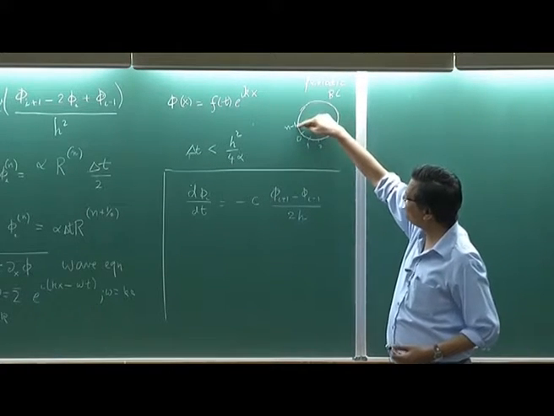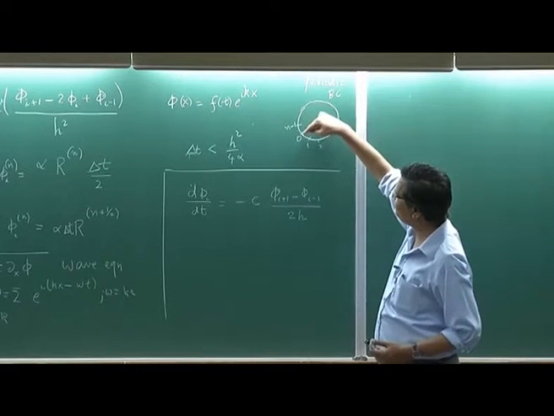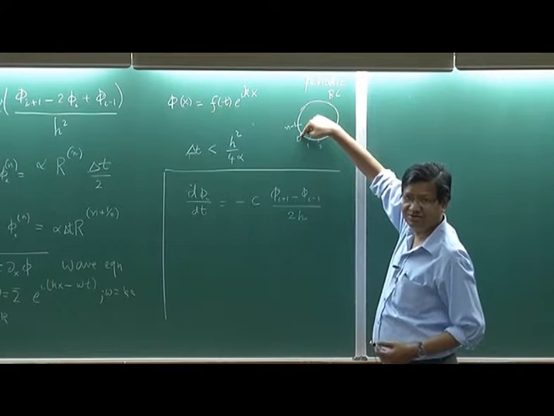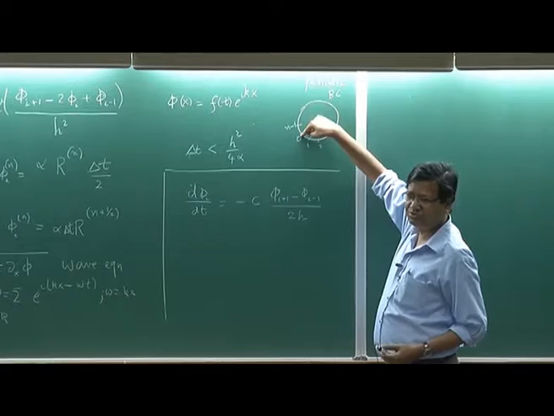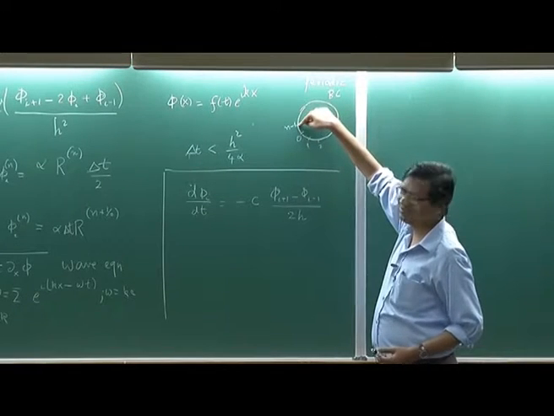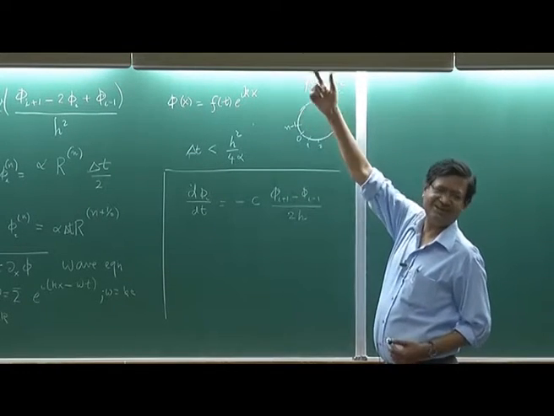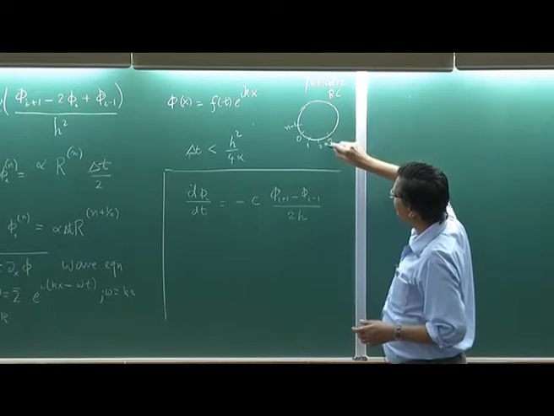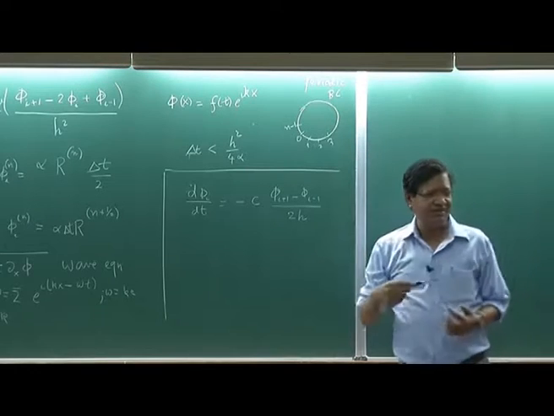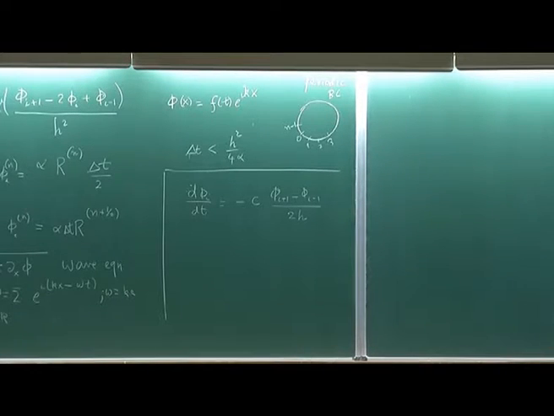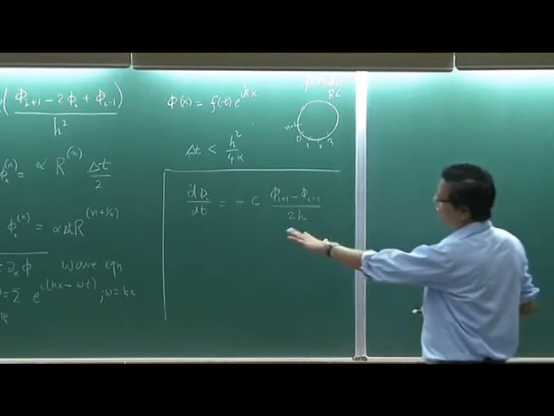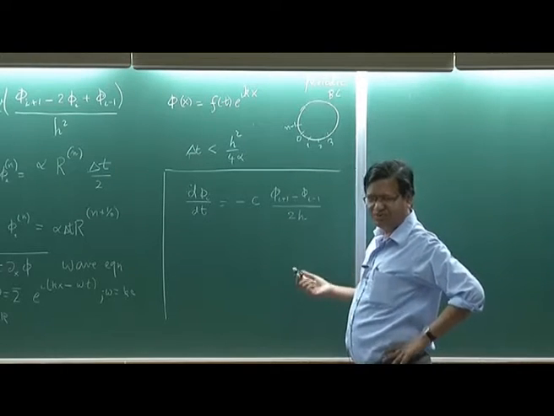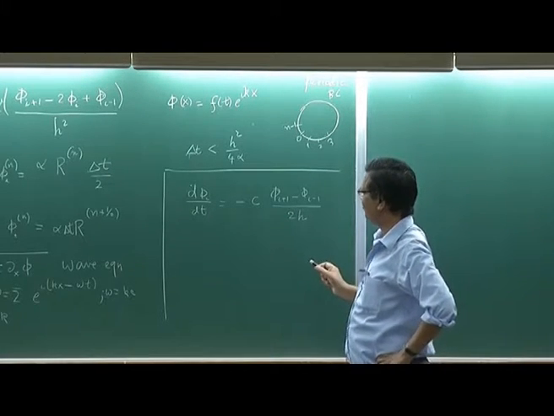Okay. But when I compute derivative, I choose, for example, I want to compute derivative here. So, which are the 2 points I should choose? 1 and n minus 1, the other end. If you want to take derivative here, then I should choose 3 and 1. So, circle is a very nice way to visualize periodic boundary condition. So, you can set up periodic boundary condition or vanishing boundary condition here.